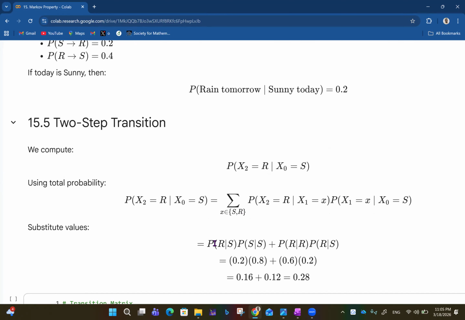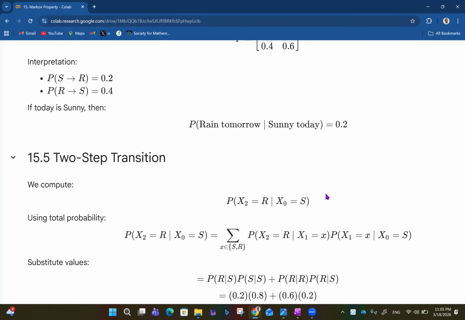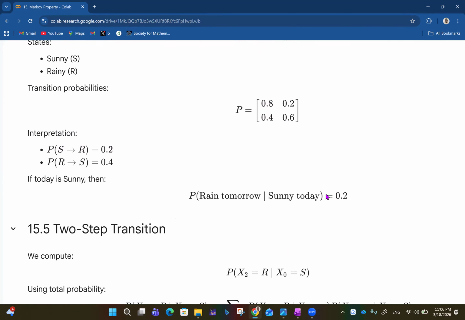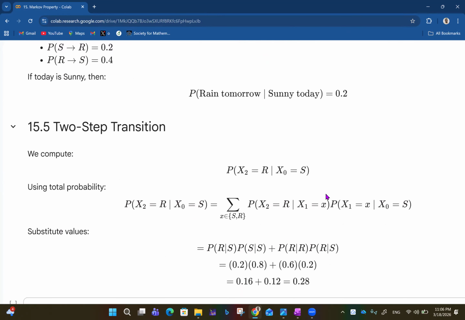So the probability is then 0.2 multiplied by 0.8 plus 0.6 times 0.2. All of that gives us 0.16 plus 0.12, which is 0.28. So we have the two steps, right? This is x2 given x1 and x1 given x naught.